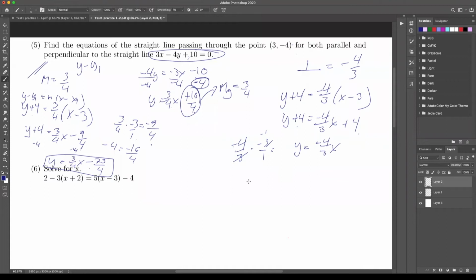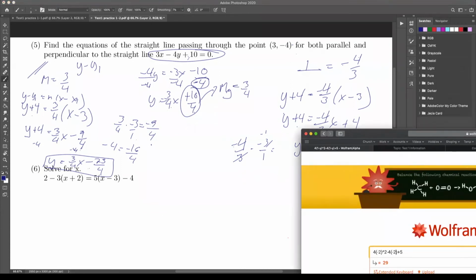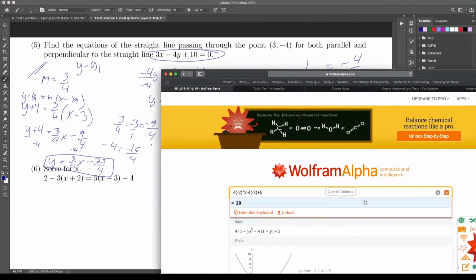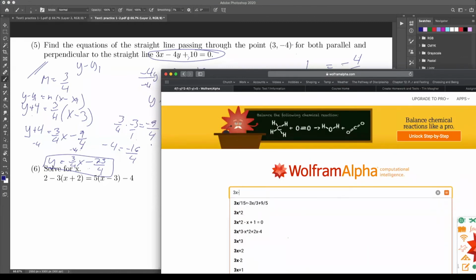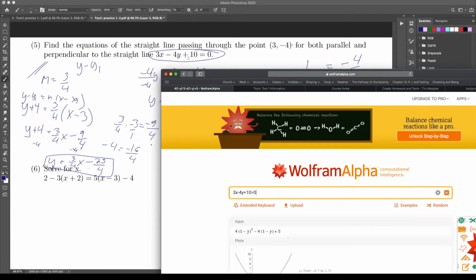So how would I check this? Let me show you how to check these. So let's say we're given this line. Here we have 3x minus 4y plus 10 equals 0. And I just want to say solve for y.